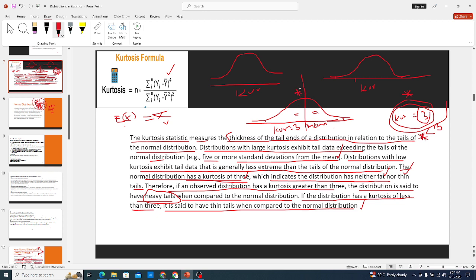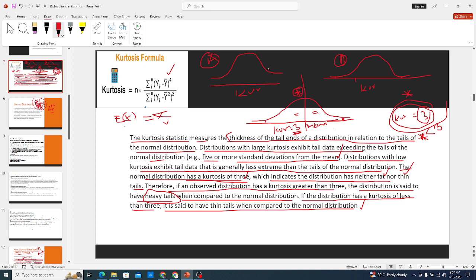For the perfect normal distribution, you can see the tails are neither thin nor thick. That's why we are having a kurtosis of 3. But on this illustration, let me say we have A and B.